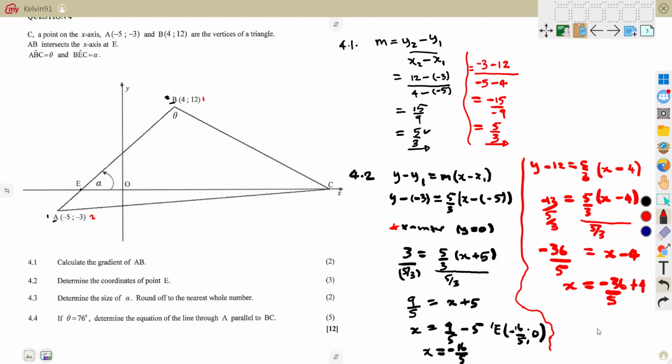When you simplify that on your calculator, the x is equal to minus 16 over 5. Then you eventually write the coordinates of E. It's minus 16 over 5, x coordinate, y coordinate being 0. That becomes the answer.